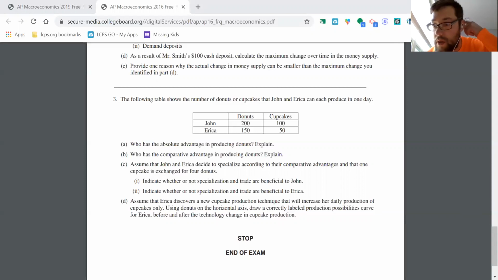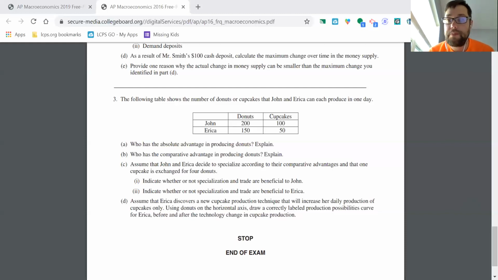And we need to know his opportunity cost of donuts, right? So as always, that's the price of the other good, right? So in this case, we're talking about cupcakes in terms of donuts. So you're going to take that other number there, which is 100, divided by 200, so we get 1/2, right? And that is in terms of cupcakes.